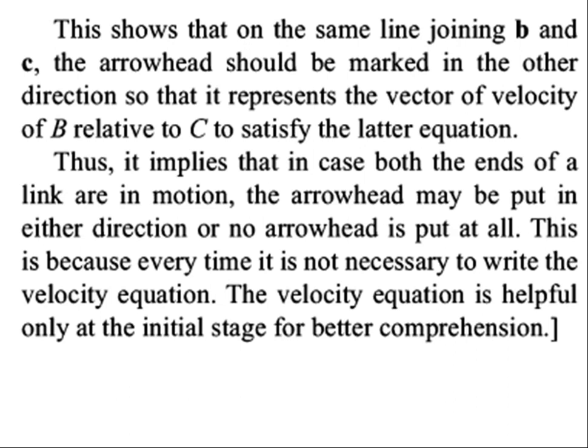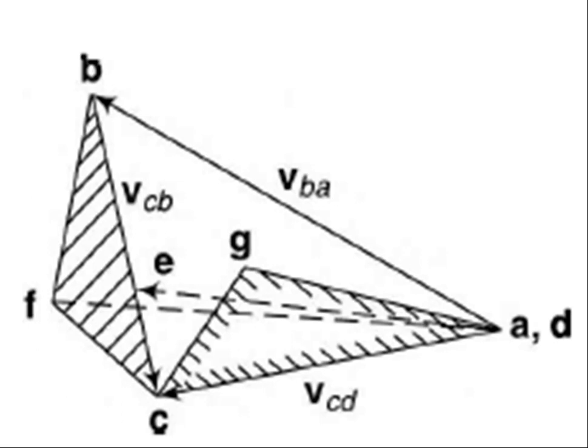Okay, so this is because every time it is not necessary to write the velocity equation. So the velocity equation is helpful only at the initial stage for better comprehension. Okay, that it will give you the path how to take the lines with the direction that will help you in this manner. Okay, so I think all of you have drawn this.